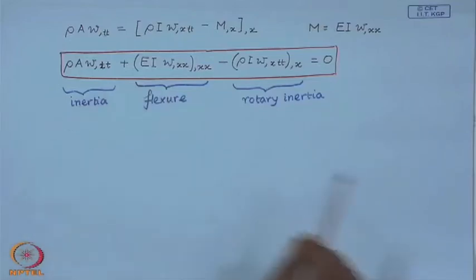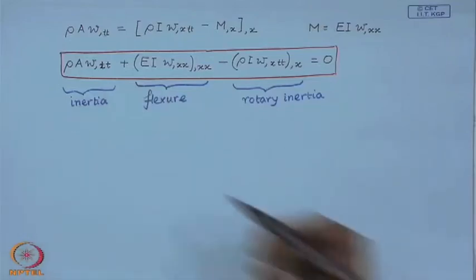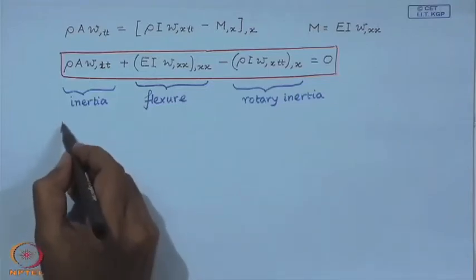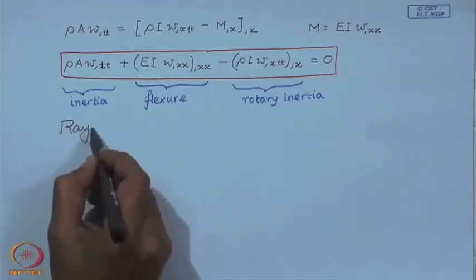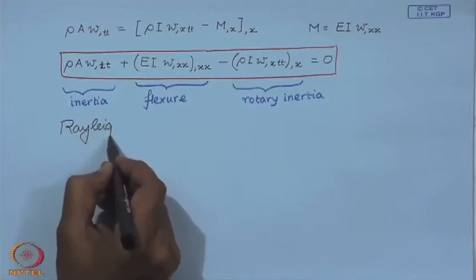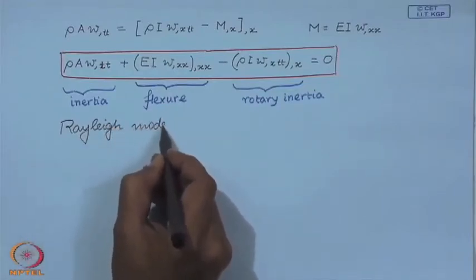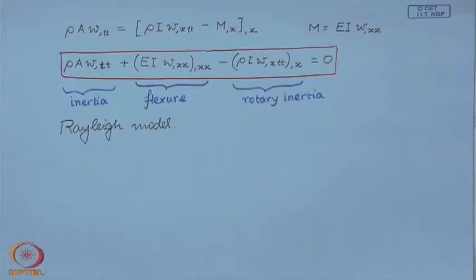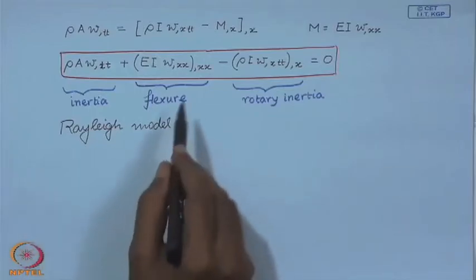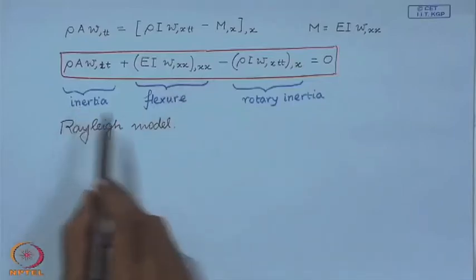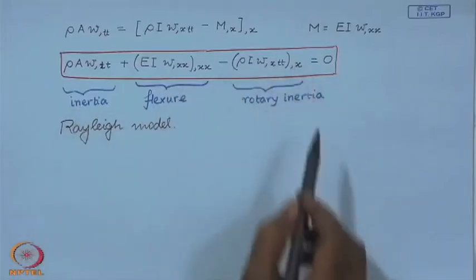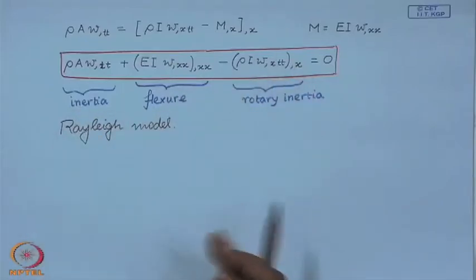So, this model of the beam is known as the Rayleigh model of the beam or Rayleigh beam model. So, in the Rayleigh beam model we have the inertia term, the flexure term and the rotary inertia of the element.